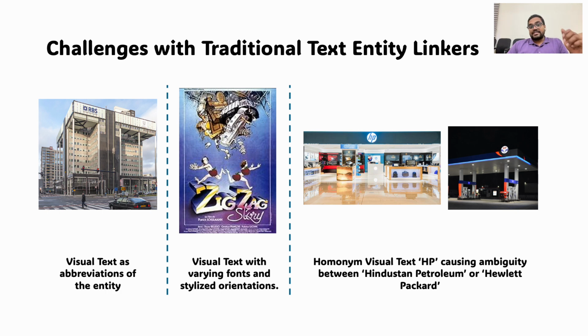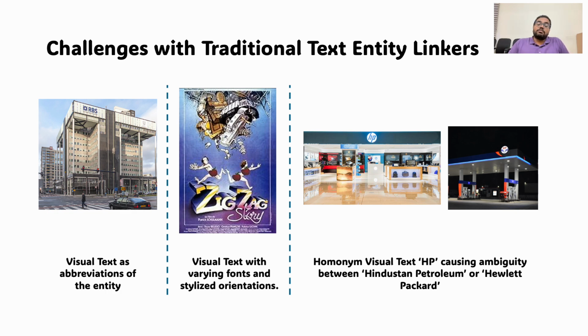Further, naive text-based entity linkers also suffer from more challenges. One challenge we have seen is that they don't use any form of visual information or surrounding cues to link to the correct entity, thereby letting other unnecessary entities seep in.